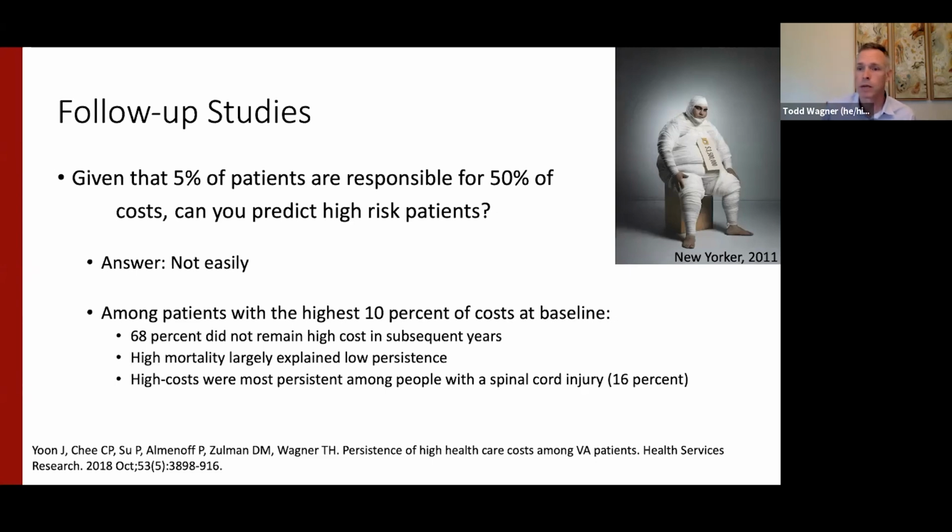One of the reasons is mortality is very high in this group. So it's very hard to predict high cost patients year in, year out. The group that we found was the most stable, at least in VA data, was spinal cord injury. But for many commercial insurers, that group is not always in there. They're typically moving into Medicare or Medicaid, depending on the disability.